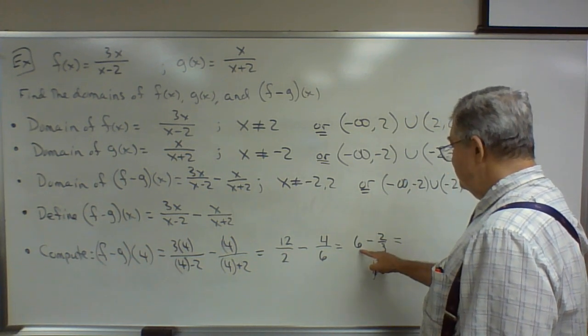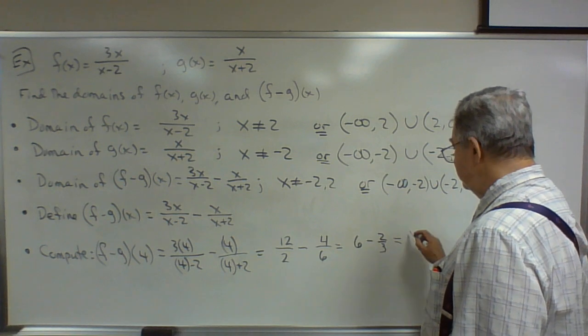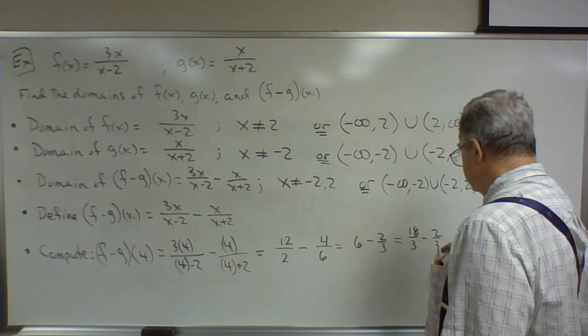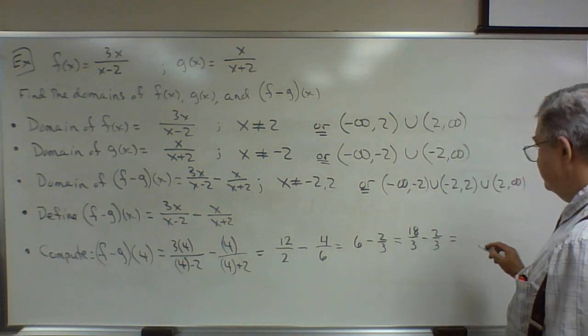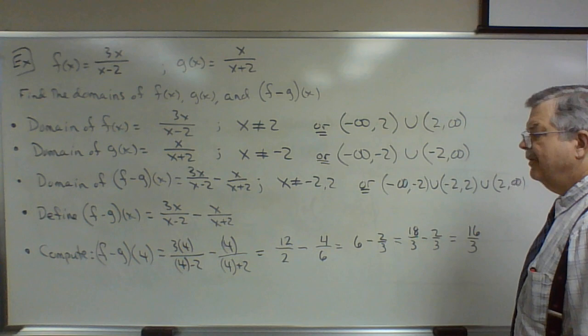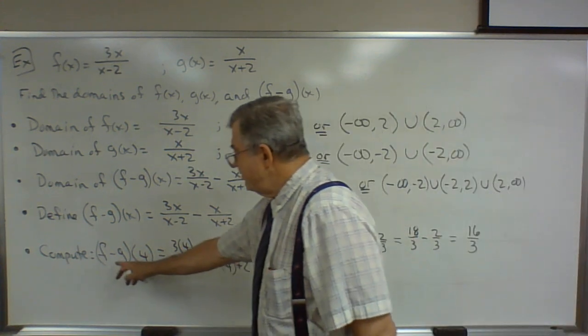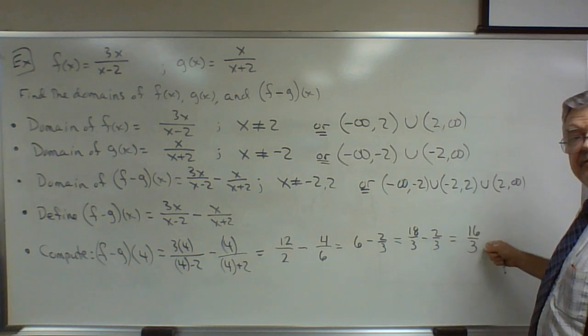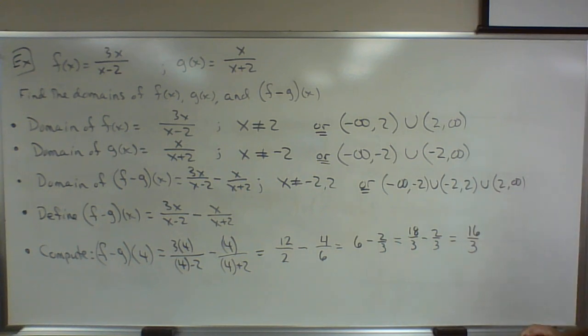And let's see, how many thirds is 6? 6 is 18/3. Okay. F minus g evaluated at 4 is 16/3.